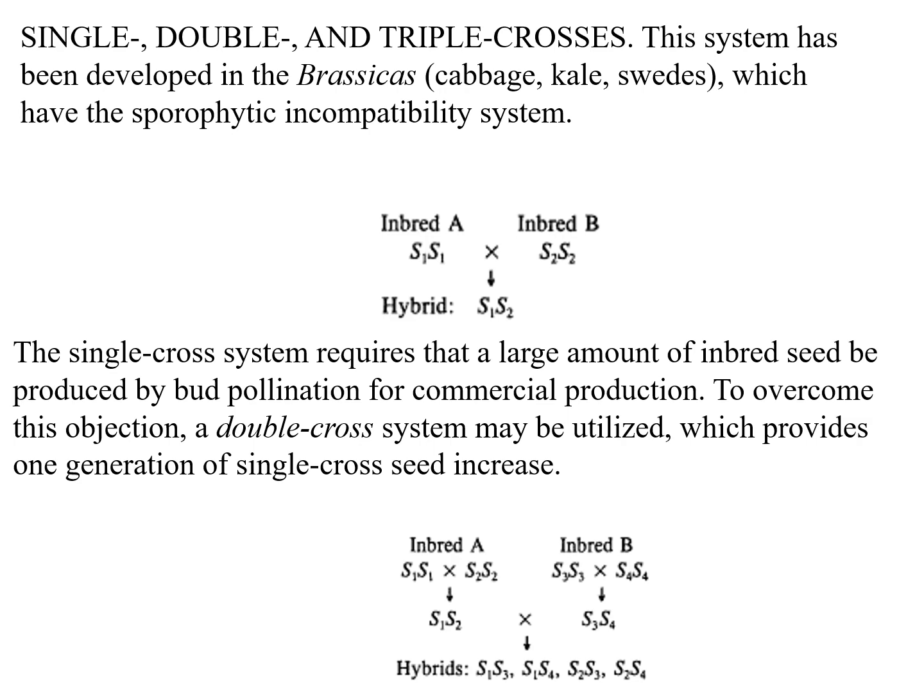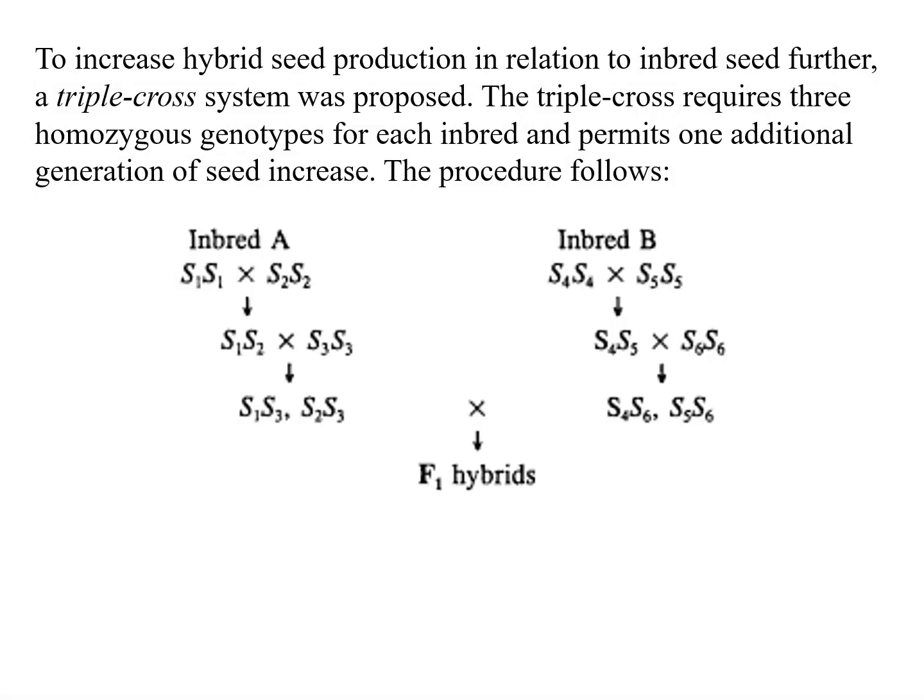Now we'll go to the triple cross system, which was proposed to increase the number of seeds more and more, and it involves six types of inbreds. We start with the first cross, which is S1S1 by S2S2.